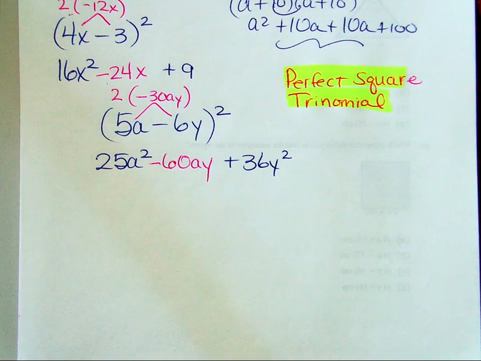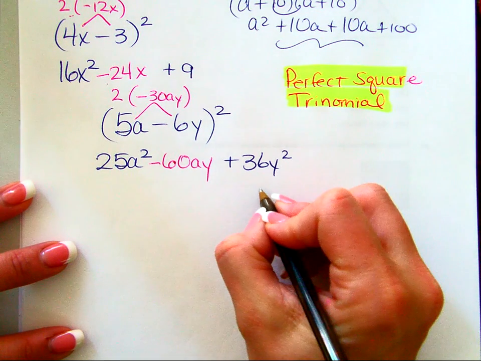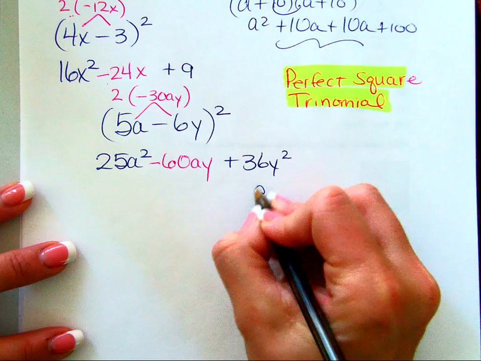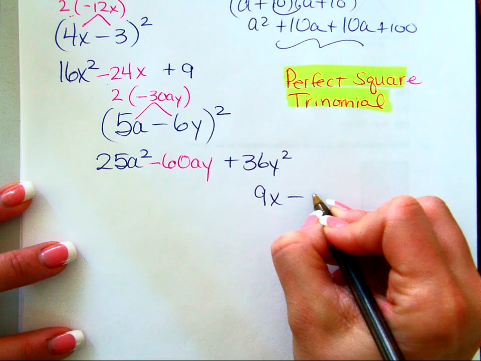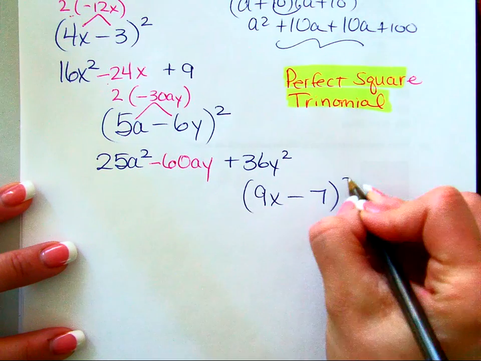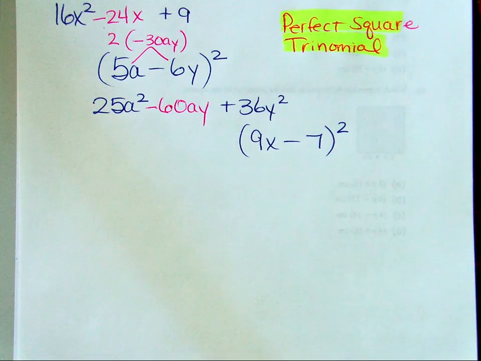Got it? So, I'm going to give you one, and I want you to try it without me giving it to you. So, let's take 9x minus 7 and square it. Try not to FOIL. Just try to do the shortcut.